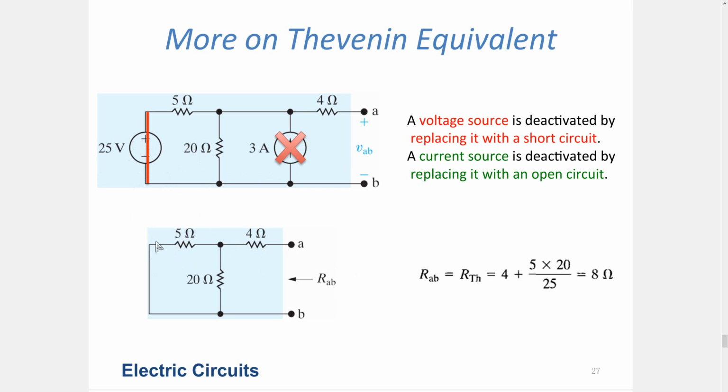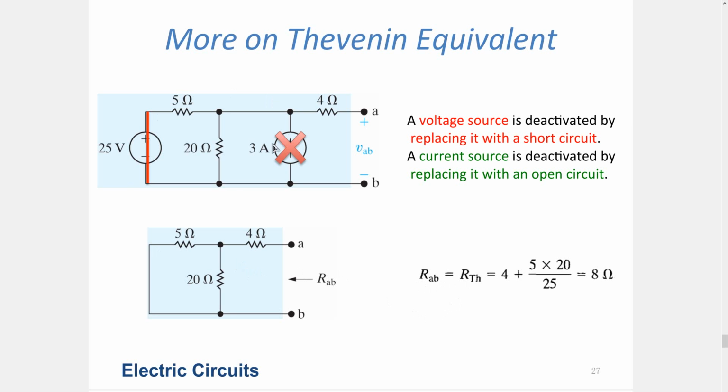But since you will have dependent sources, you connect a theoretical current source or a voltage source between A and B, and you try to solve the circuit. You try to determine the voltage VAB, and you try to determine the current through the source that you have connected. Their ratio will give you the equivalent resistance, which will be the Thevenin resistance.